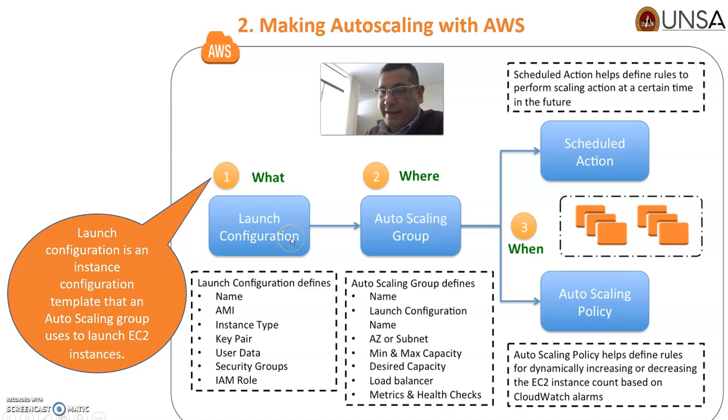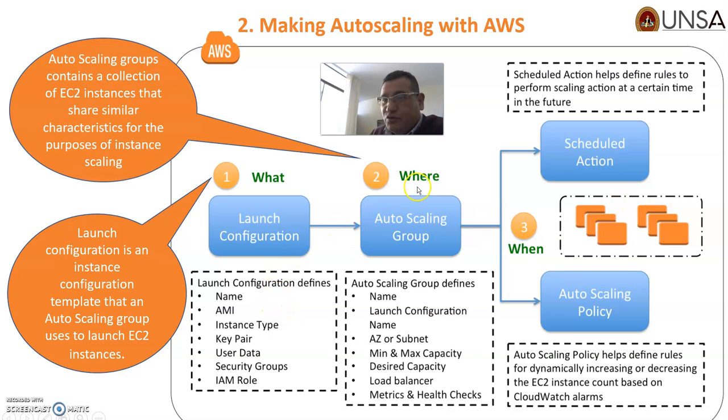Launch configuration is an instance configuration template that an autoscaling group uses to launch EC2 instances. Then we have to do the autoscaling groups, which contain a collection of EC2 instances that share similar characteristics for the purpose of instance scaling.